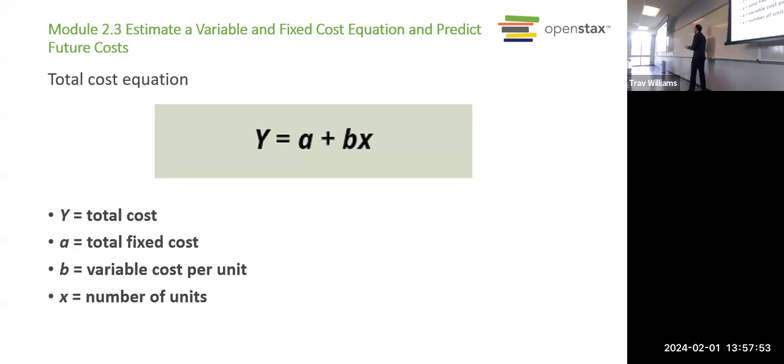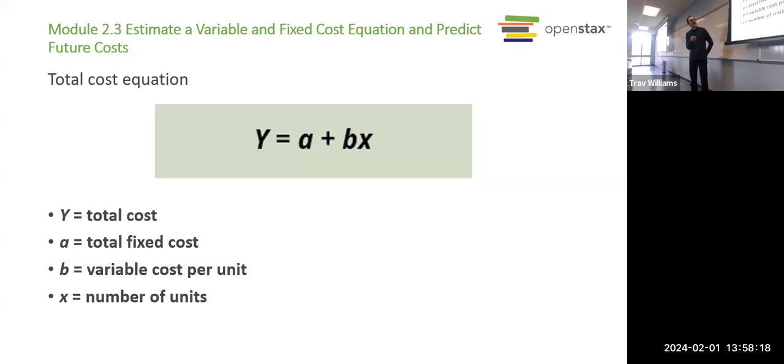So if you're given some costs that are a mixture of fixed and variable, you don't know how much is fixed and how much is variable, it would seem difficult to then project and estimate how those costs would change based on different levels of production. But the way we do it is with this formula.